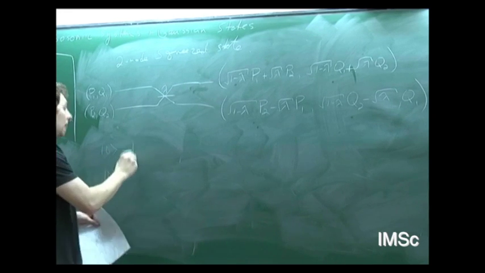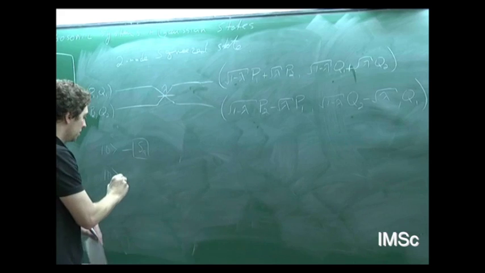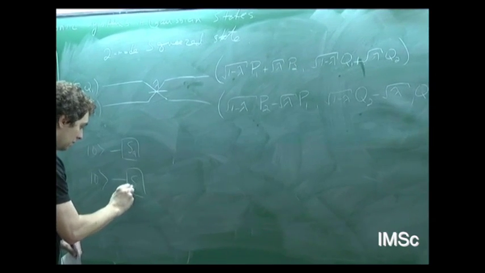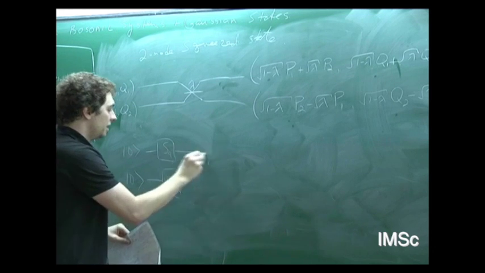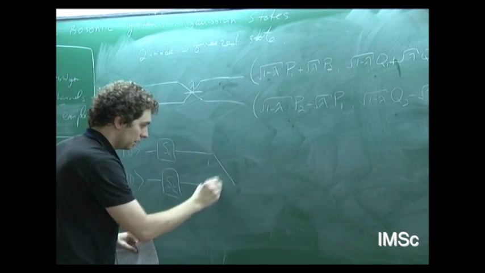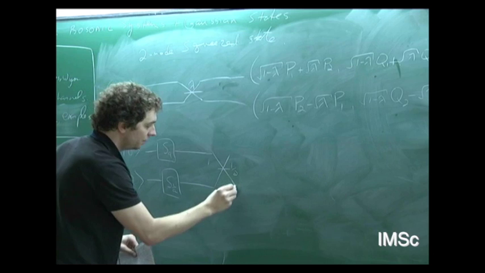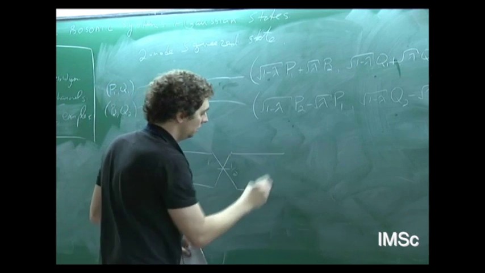I'm just going to do these squeezing operations. So now if you think this is squeezing along one axis like that, and this is squeezing along the other. And then I'm going to take a beam splitter with transmissivity 1/2 and mix them together.